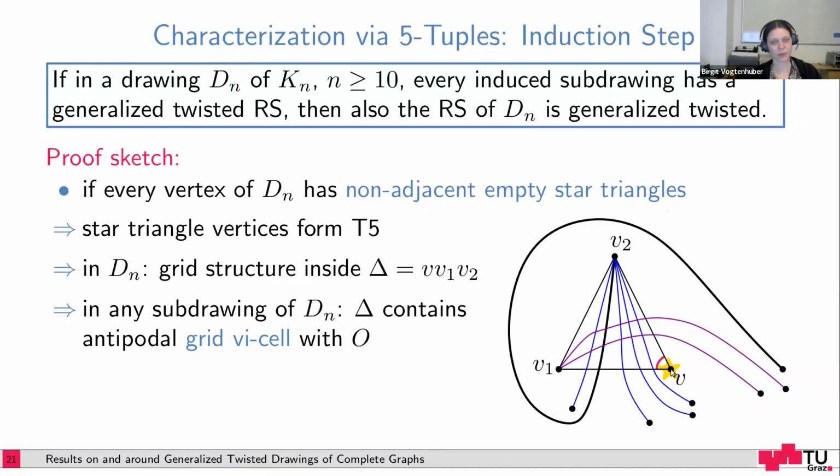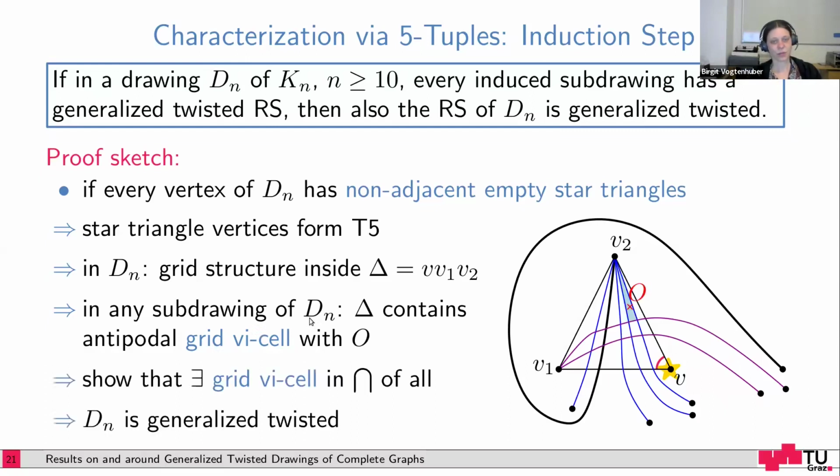And they can't come from V because this triangle is an empty star triangle of V. And so this triangle needs to contain a grid cell with O for every subdrawing of this Dn. So this could be for one.